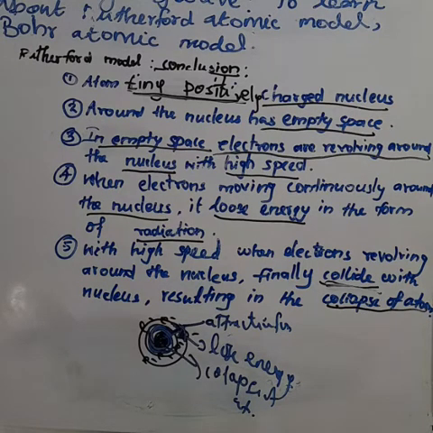And fourth, when electrons move continuously around the nucleus, they lose energy in the form of radiation. With high speed, the electrons revolving around the nucleus finally collide with the nucleus, resulting in the collapse of the atom.